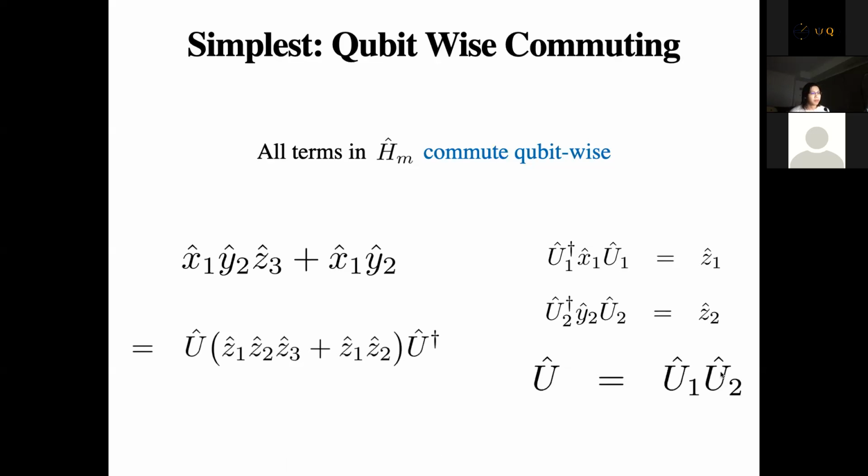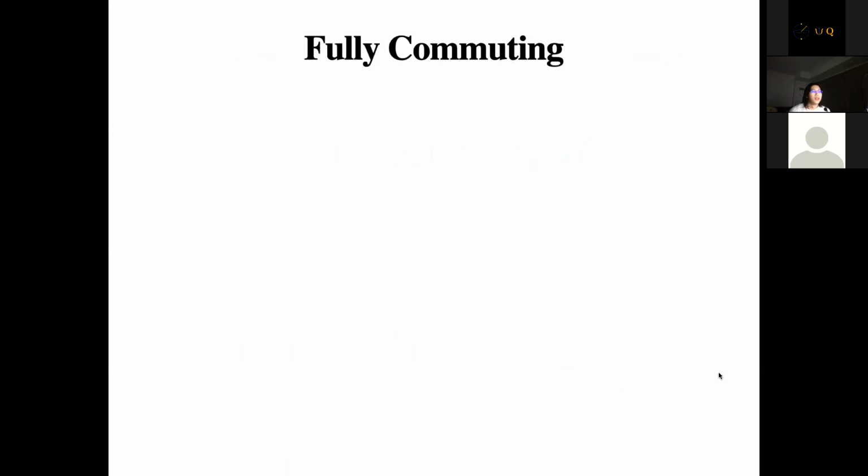This is essentially the simplest method, and we'll look at something slightly more difficult. The more advanced method we call the fully commuting method, and what it does is measure a set of just commuting terms.